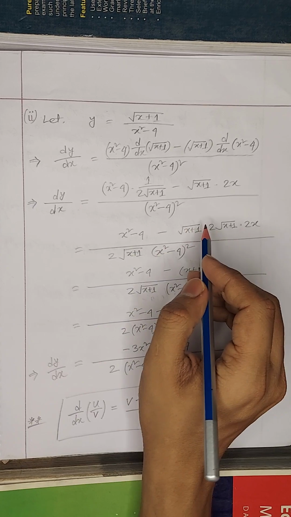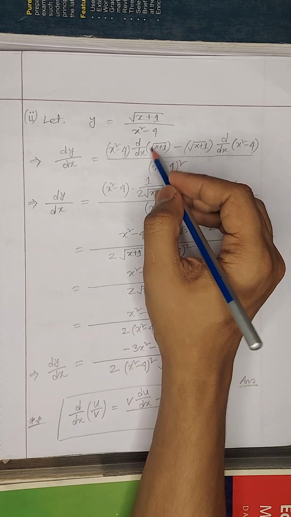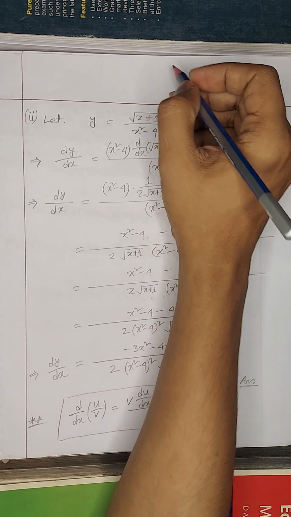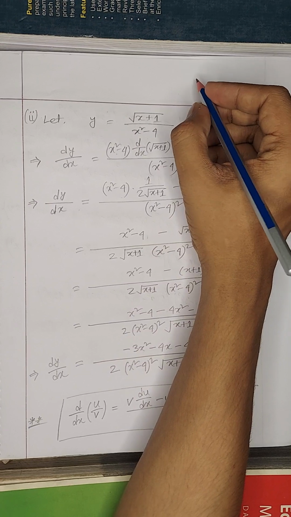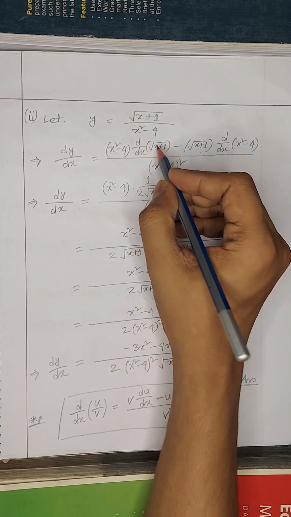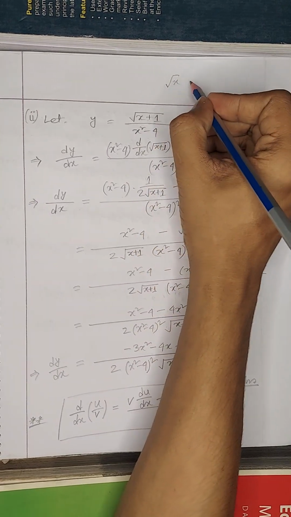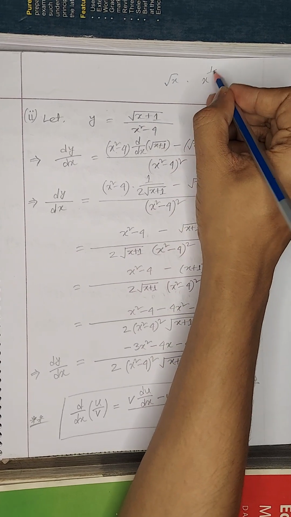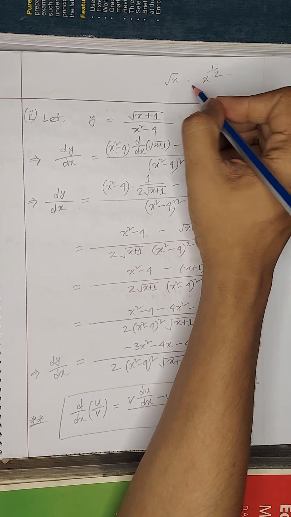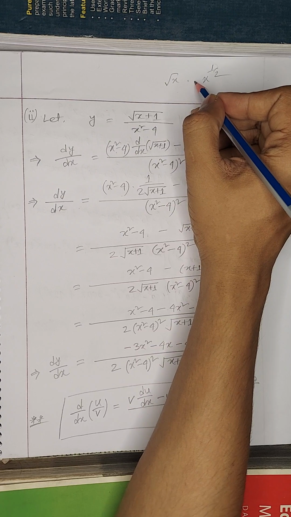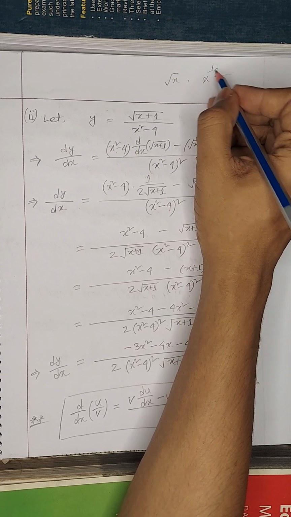Okay. So when we differentiate this term root over x, we know that it is the square root of x, which means x to the power half. When we differentiate this, half comes first, then the power will be half minus 1.